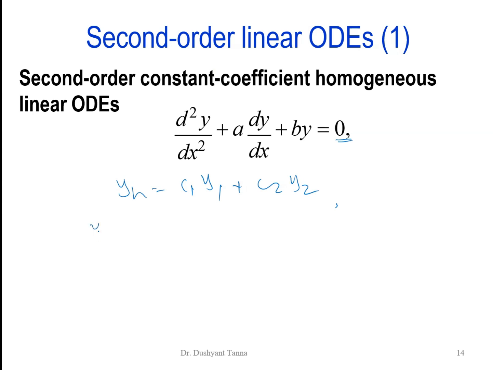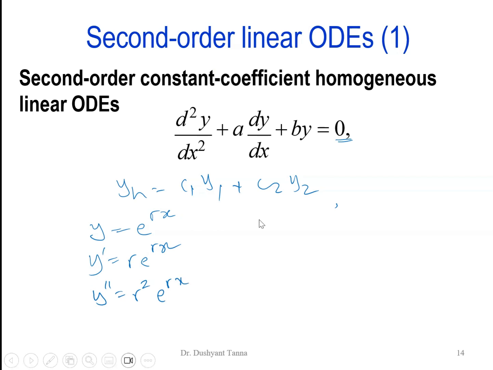Let's try if y equals e raised to rx, which some books call e raised to mx, will work as a solution. Then y dash is r e raised to rx, and y double dash is r squared e raised to rx.